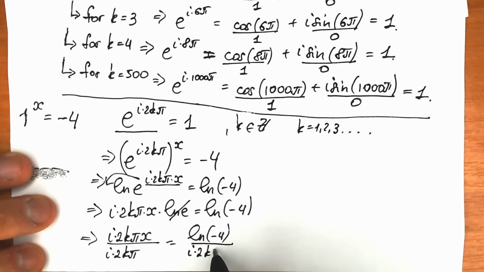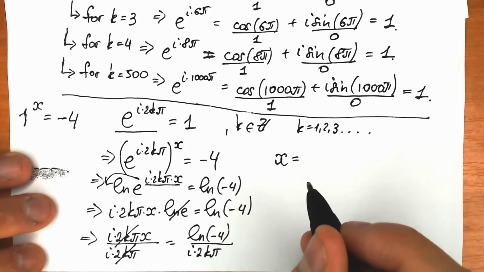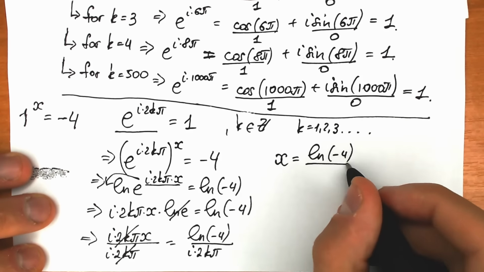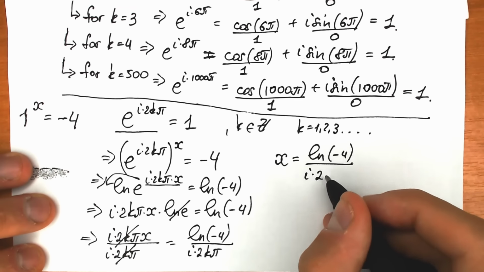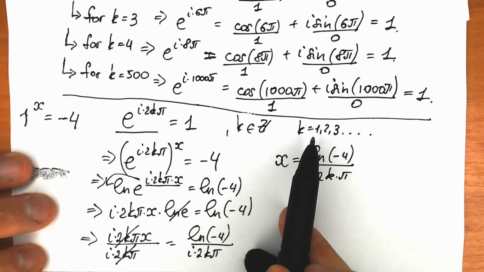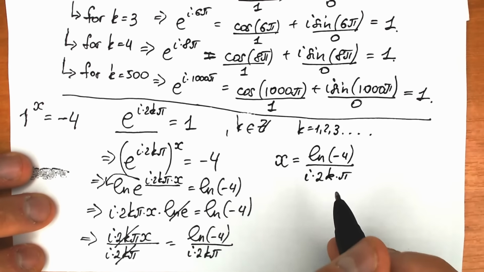Now we can cancel this, and as a result we have only our x. So x equals natural log of minus 4 all over i 2k pi. But k belongs to the set of integers, yeah? So I hope you understand this step.